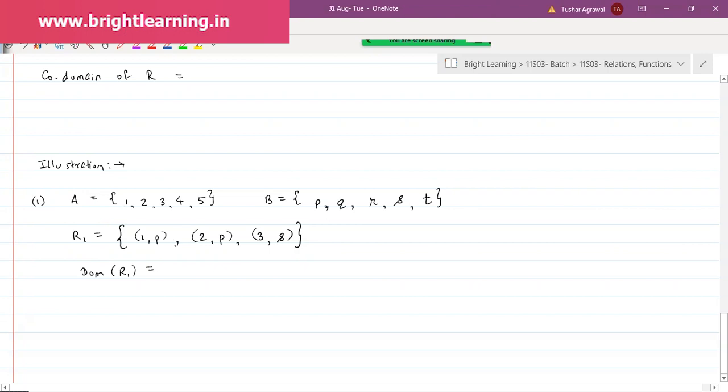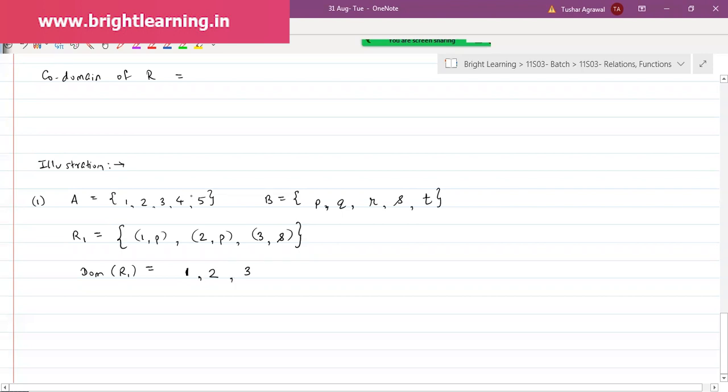Yes, so I will include 1 in my domain. Has 2 formed a pair? Yes, so 2 also. Along with whom they have formed a pair is not important; 1 and 2 both paired with P, irrespective. 3 has also formed its pair.